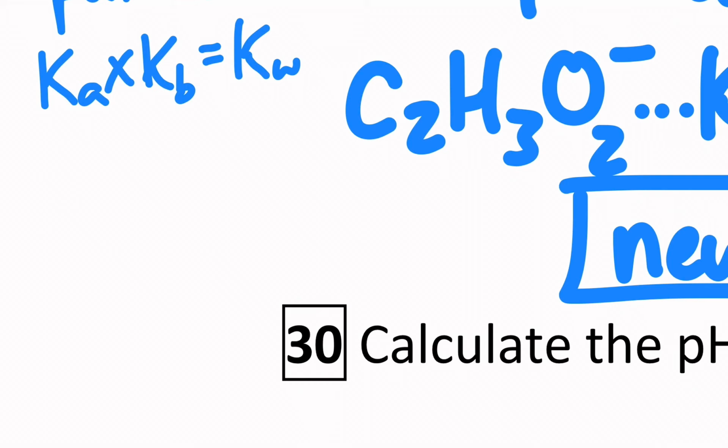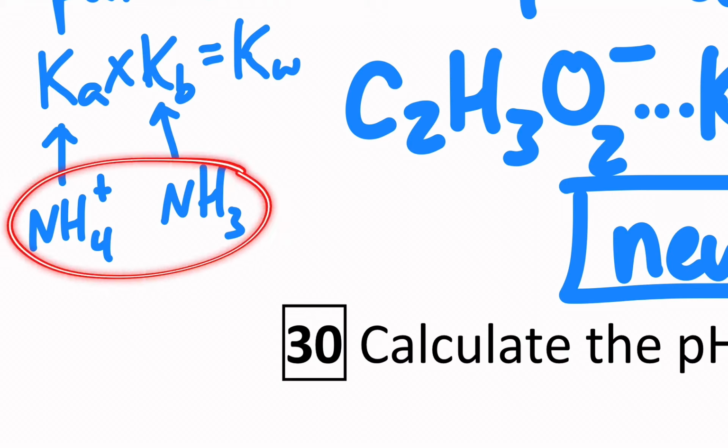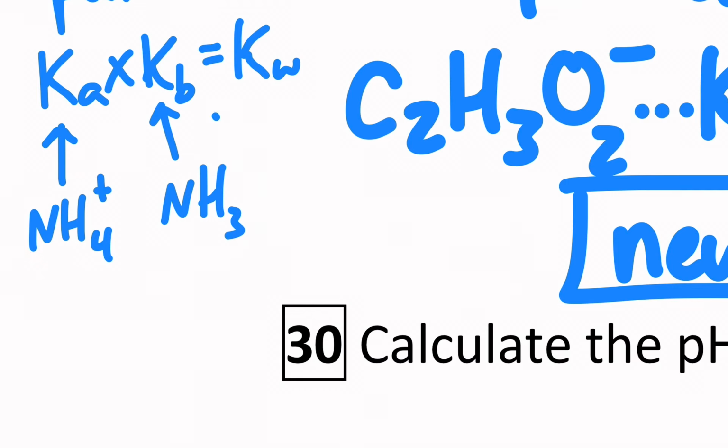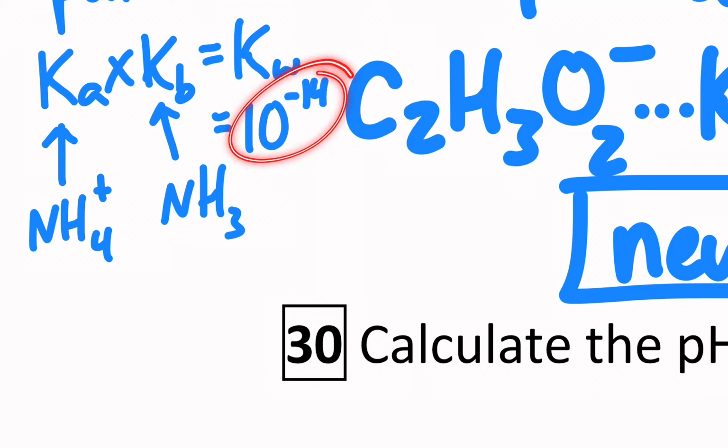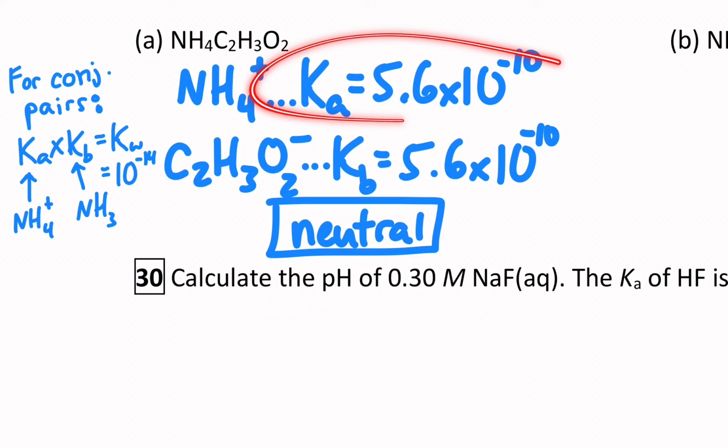In other words, maybe I have the Ka of ammonium and I need the Kb of ammonia. That's a conjugate pair, and the product of those two will be equal to Kw, 10 to the negative 14, at 298 Kelvin, but when we're getting one or the other, this is a perfectly good temperature to use. So maybe the tables you have don't always have both sets of values. That's okay. If you have one, you can indirectly get the other.